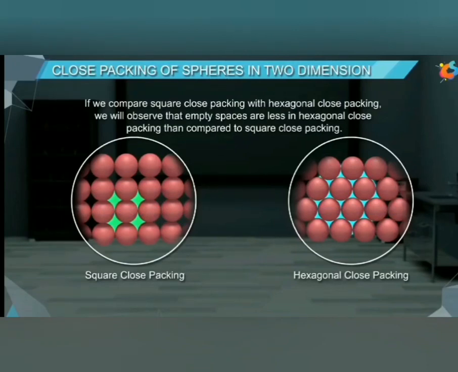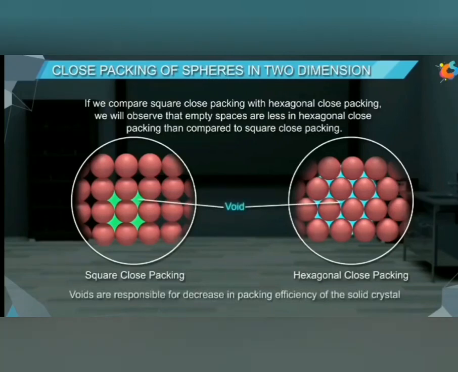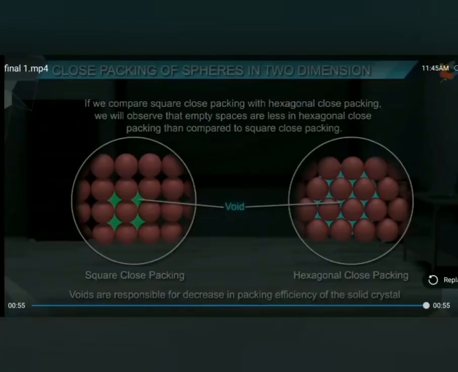If we compare both structures, we will understand that the square closed packing has more empty space as compared to the hexagonal closed packing. Whatever empty spaces are present, we call voids, and these voids are responsible for the packing efficiency. More voids, less packing efficiency.